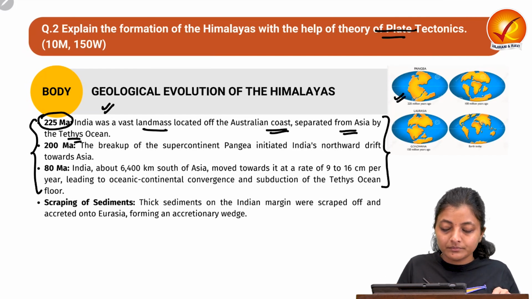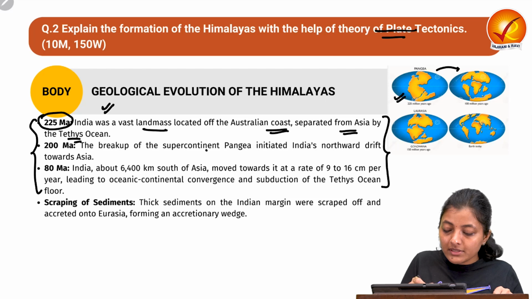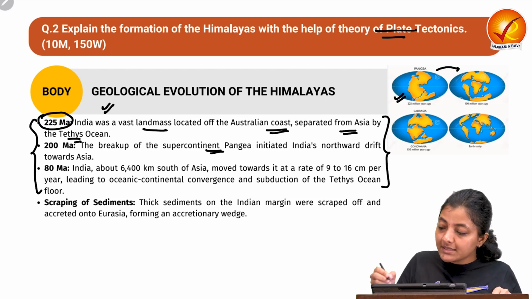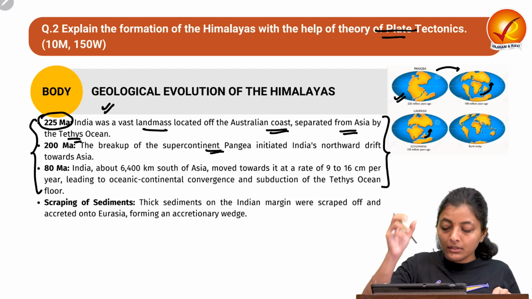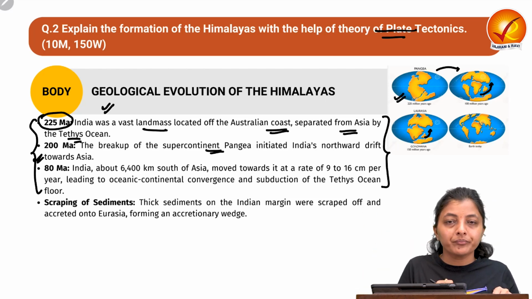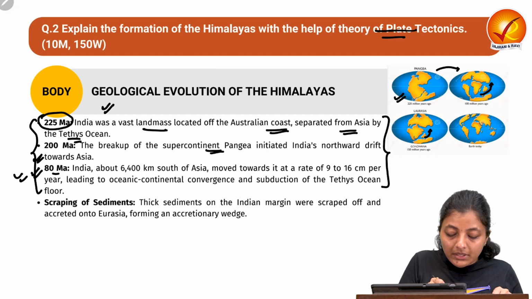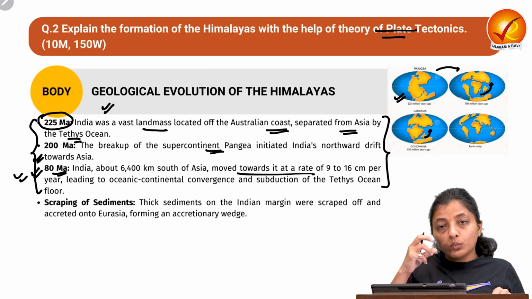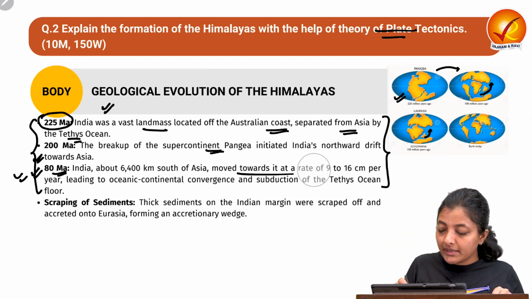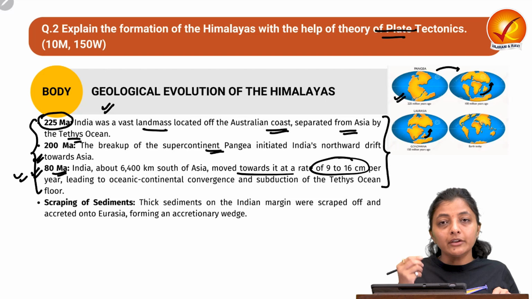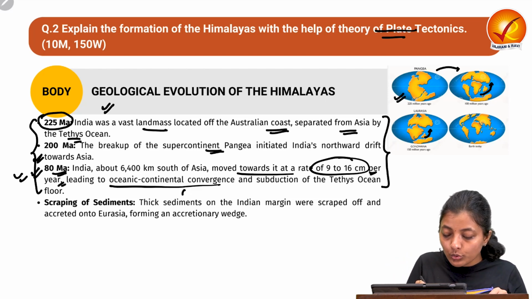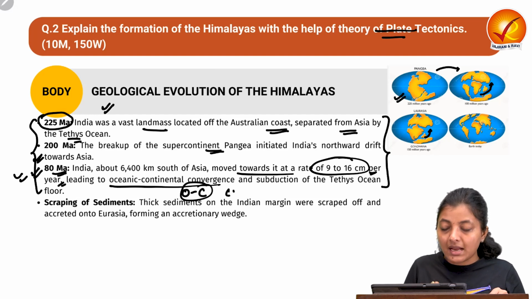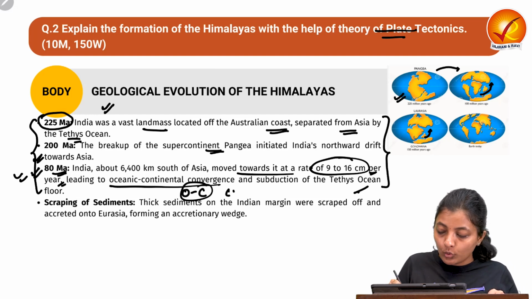Then the breakup of the supercontinent Pangaea initiated the movement of India northward towards Asia. Around 80 million years ago, India moved towards the Eurasian plate at the rate of 9 to 16 km per year, which leads to ocean-continental convergence and the subduction of the Tethys ocean floor.